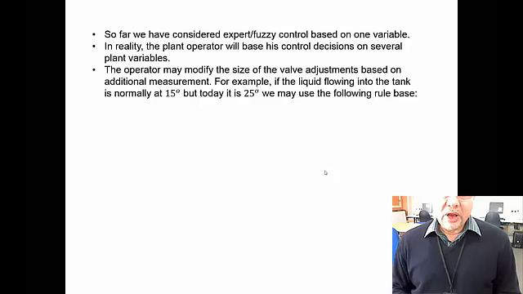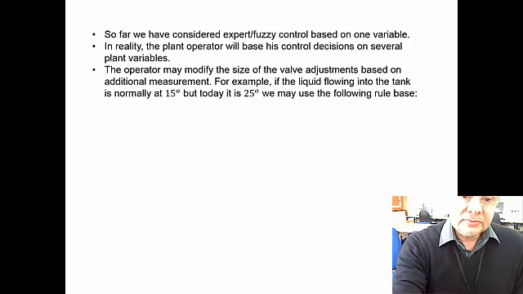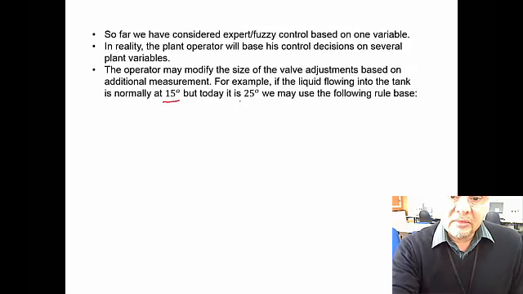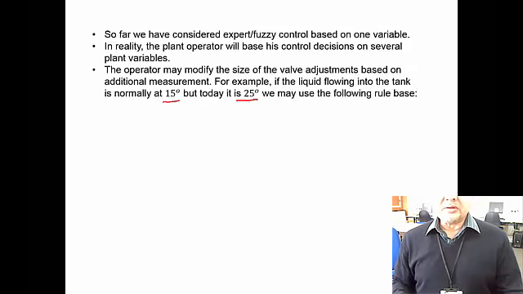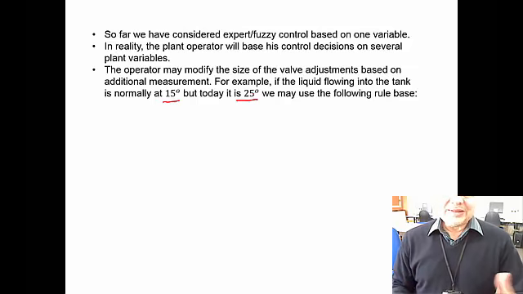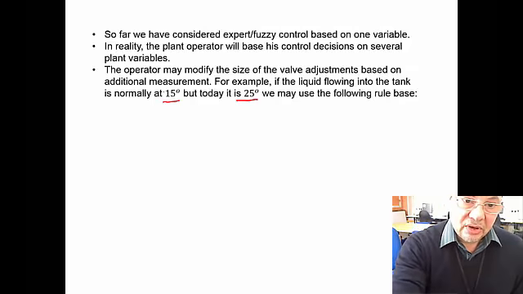So far, we have considered the operator's action assuming the inlet temperature, i.e. the temperature of the fluid coming into the tank, remains the same. In reality, the temperature would vary, and so would the action of the operator. For example, if normally the temperature was 15 degrees, and today the temperature is coming in at a higher value, 25 degrees, then the operator would adjust his or her actions, will allow less steam than the previous case of 15 degrees.